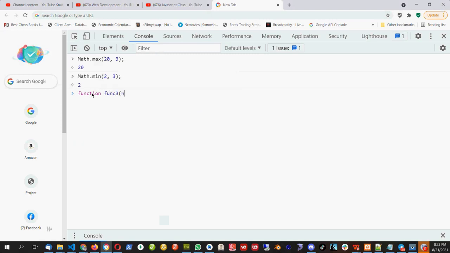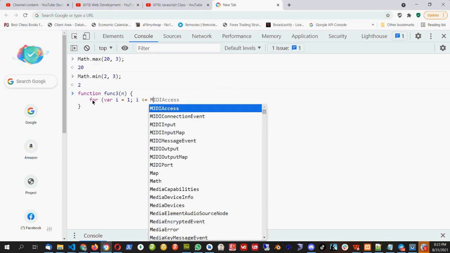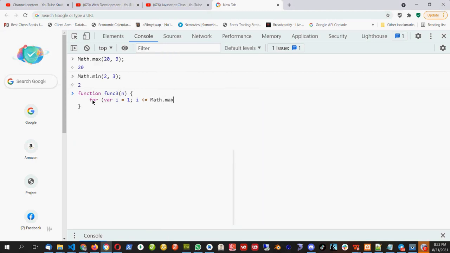I will name it func3 and pass n. Now I will go with the for loop and I will say var i equals 1, i less than or equal to Math.max(5, n). So whatever number you pass, it will find which one is bigger, 5 or n.